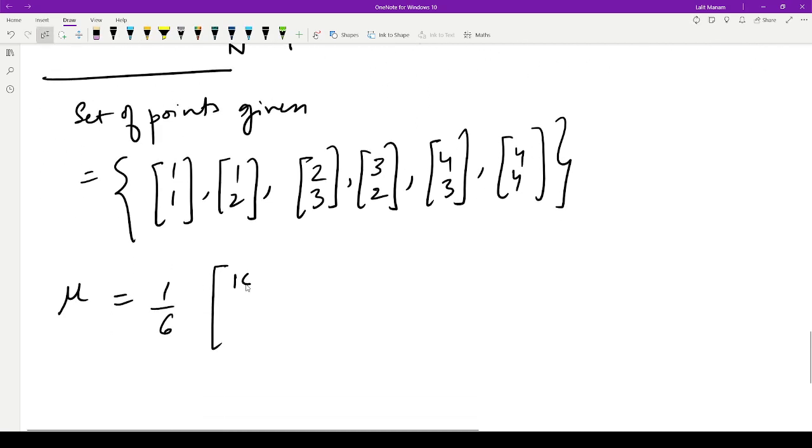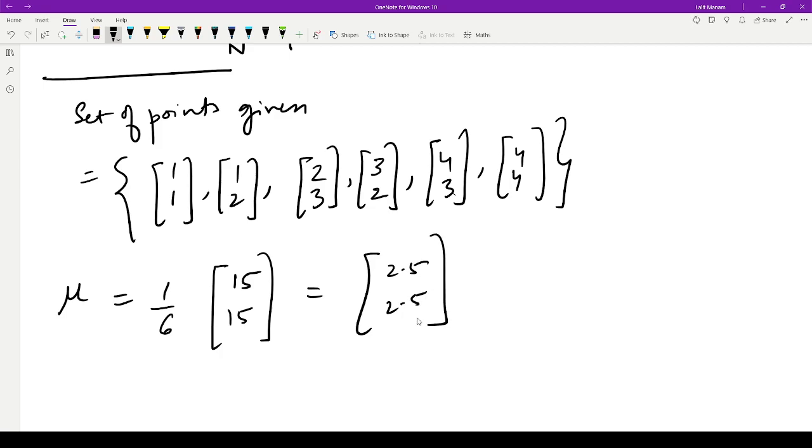So this will be 15. What about the below one? 7, 9, 12, 15. So it's also 15. It comes out to be 2.5. Everyone agrees? This is capital X, which contains these small xi's.